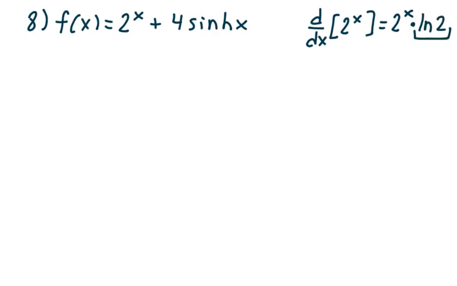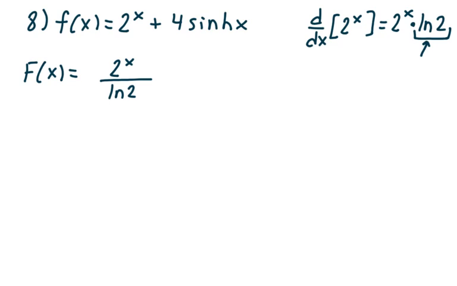But I don't want that natural log of 2, right? Remember, I'm trying to find a function whose derivative is 2^x. And so what I need to do is take 2^x and then divide by the natural log of 2. And that's going to counter this natural log of 2 factor there.